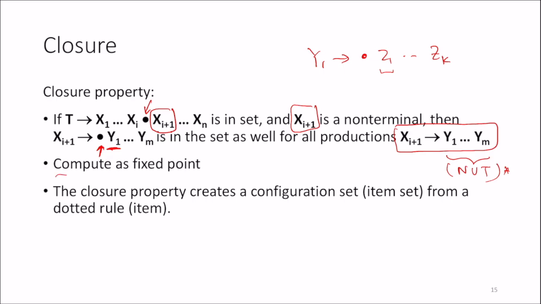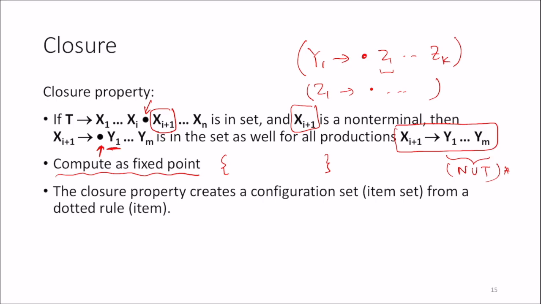And it's computed as a fixed point. So what does a fixed point mean? It means that adding new rules. So this rule gets added to the set, and then I look at z1, and then I look at its right-hand side, and I add that to the set. At some point, if I can't add anything new to the set, I stop.